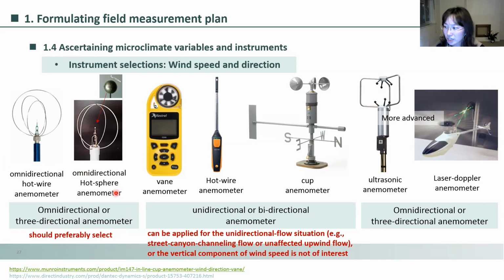But I have to say this kind of anemometer would be expensive. If you want to choose less expensive anemometers like these ones, please remember that these kinds of anemometers are unidirectional or bidirectional. But we can use them in unidirectional flow situations, such as the street canyon.